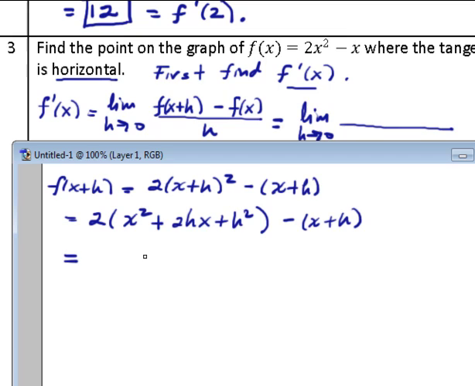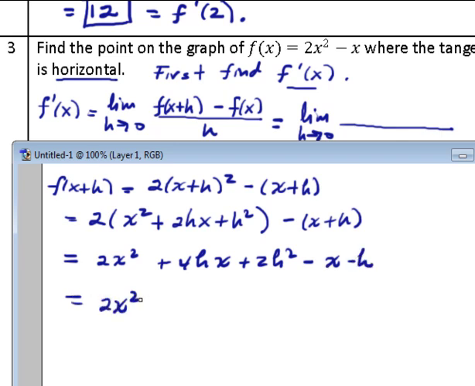Let's open parentheses now. So we have 2x squared plus 4hx plus 2h squared minus x minus h. We don't have any like terms here, so let's just leave that as is.